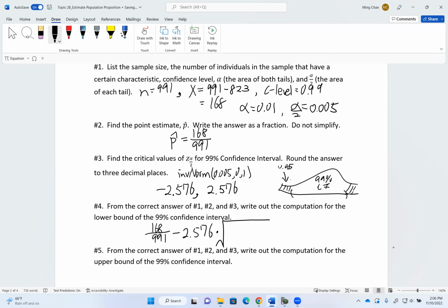So p hat is 168 over 991 times q hat, which is the students that read above 8th grade level, so 823 over 991, divided by n, 991. The binomial condition is basically saying that a student either reads at or below, or reads above, your success and failure, that kind of sense.